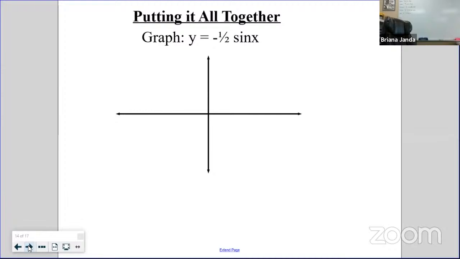Negative 1/2 sine x. So start by drawing your 4 tick marks on your x-axis in both directions and getting them labeled out to 2 pi.